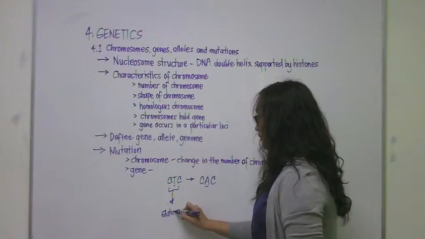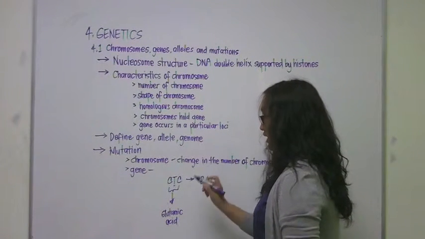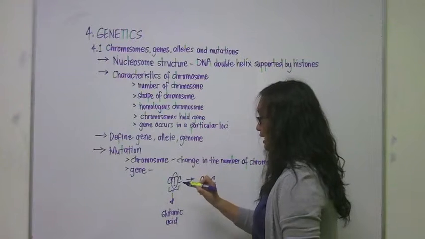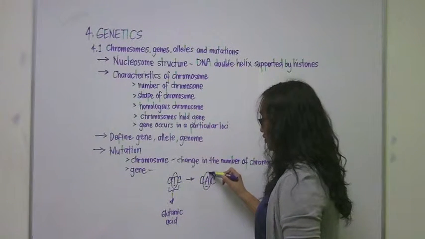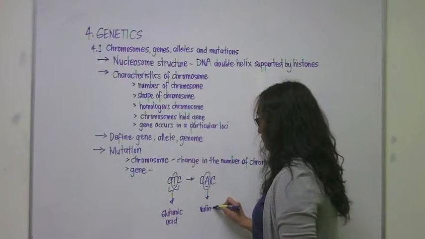In a normal gene it codes for glutamic acid, but since the nitrogenous base T is replaced by A, it will code for valine.